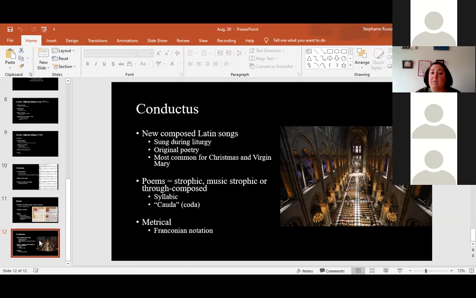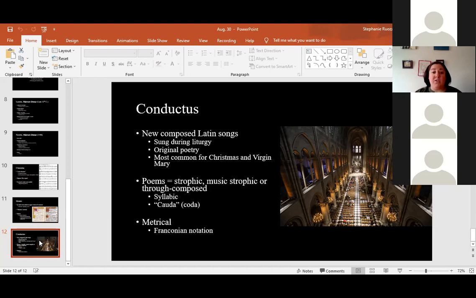Now, the poems that were newly composed, again, I want to emphasize that these don't exist before Notre Dame. The poems were strophic, that means they had different stanzas. So just like today, we listen to a pop song and we go, oh, verse, verse, verse, verse. That's the way these poems work.